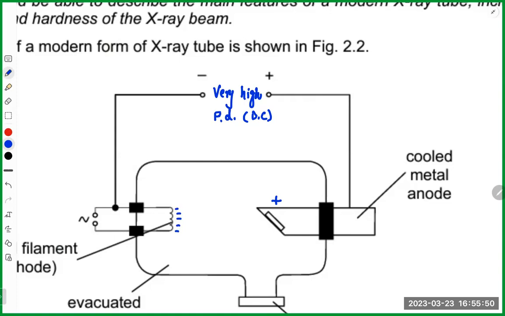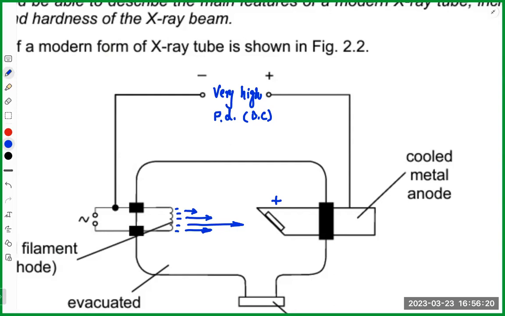Because they were excited, they have a motivation to go towards positive. So electrons start to accelerate towards the anode.